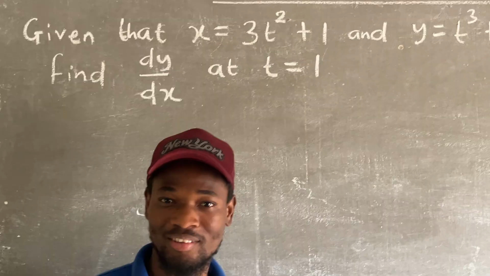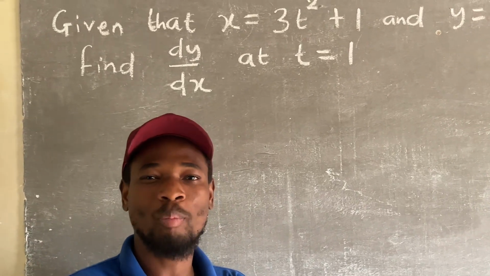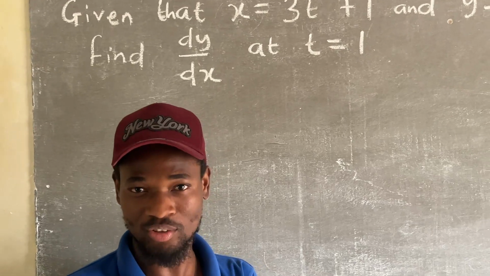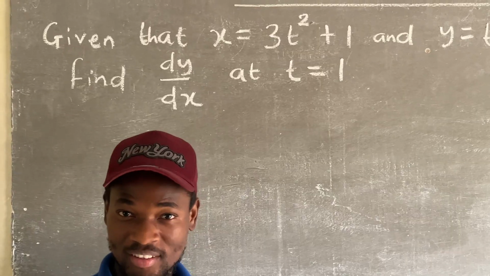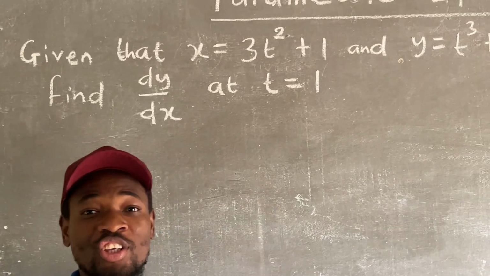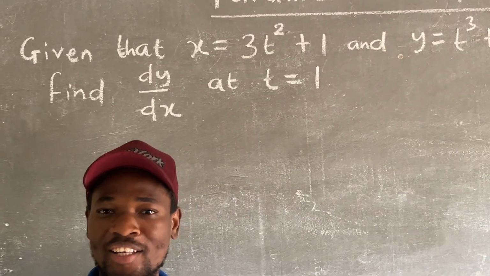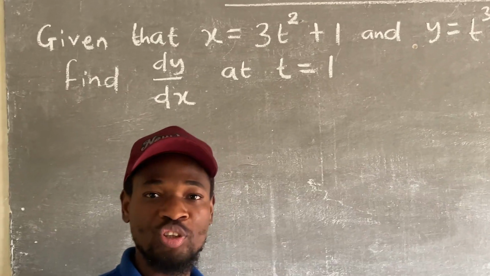Parametric equation, right? So that explains why I started the topic from the very onset. And I also taught you how to convert or transform a parametric equation into a Cartesian equation. Visit my previous lecture videos and you would appreciate that.